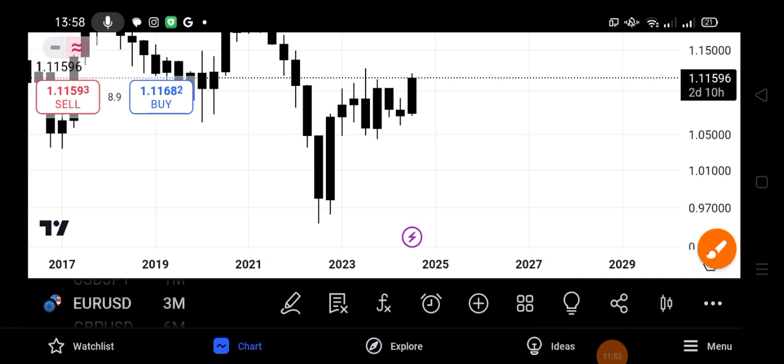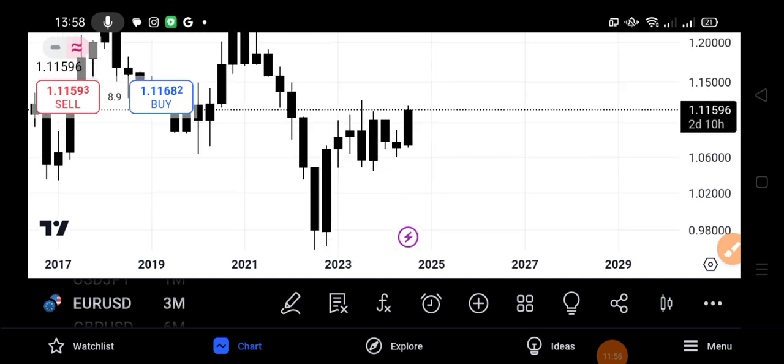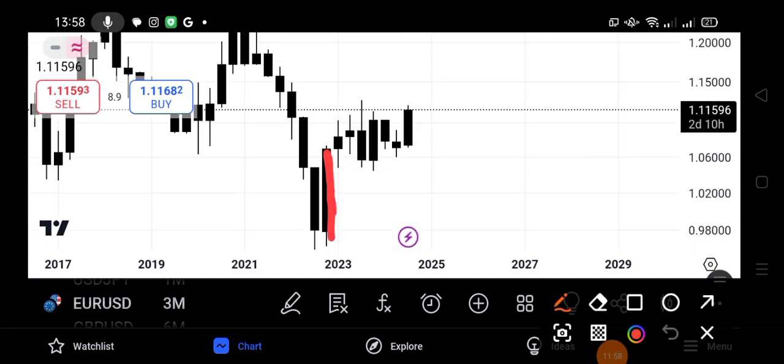This area, that's a fair value gap right there. And price came into it with this candle, right? This candle came into this fair value gap and mitigated it. And price never came back to break this low, right? Took that, we balanced price, but never went for liquidity.